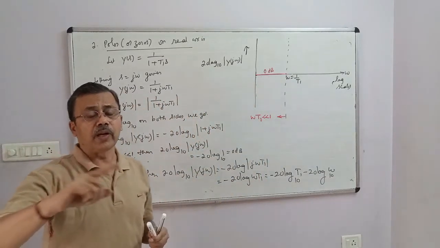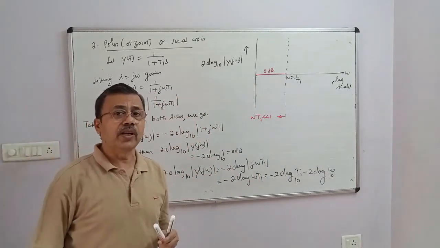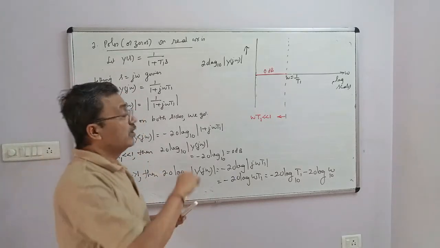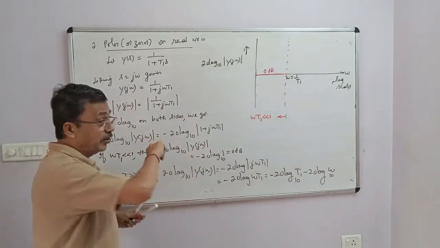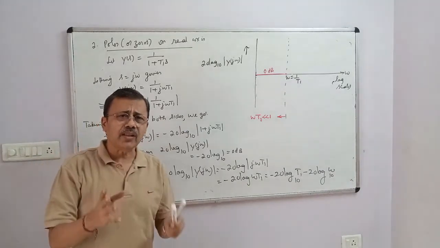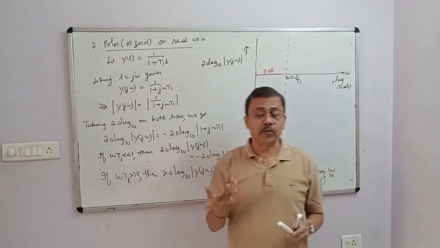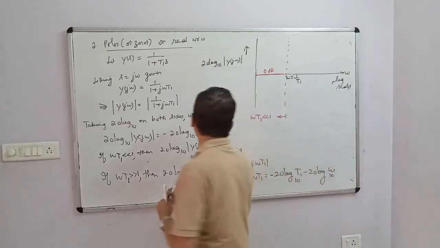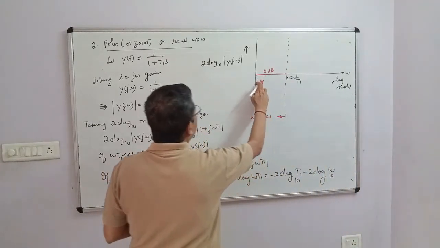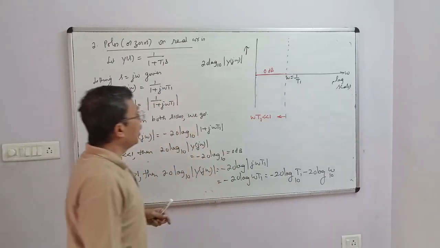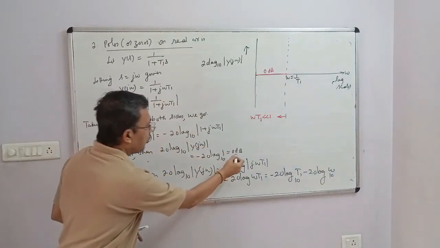Asymptote is tangent to a curve at infinity. That is how it is defined. Actually, logarithmic function is a nonlinear function. That function will be approximated by a straight line. That straight line approximation is called an asymptote. This is a straight line of magnitude equal to 0 dB.